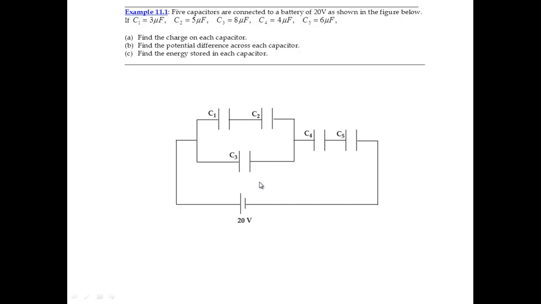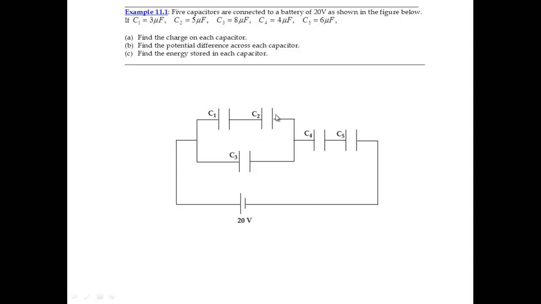And then if we replace that parallel arrangement with an equivalent capacitor, that would leave us with three capacitors in series with the power supply. Often there are multiple steps involved in solving a problem like this because the first question almost always in these problems is, given a certain potential difference, when equilibrium is reached, find the final charge on each capacitor.